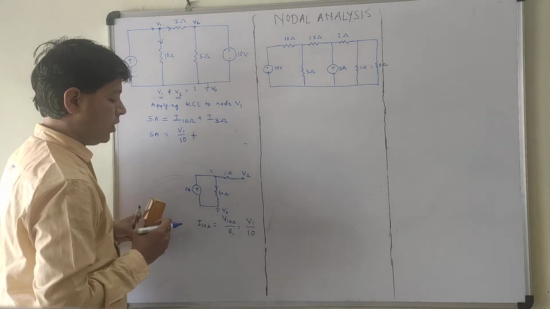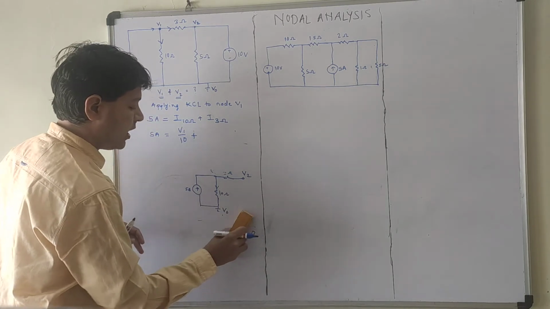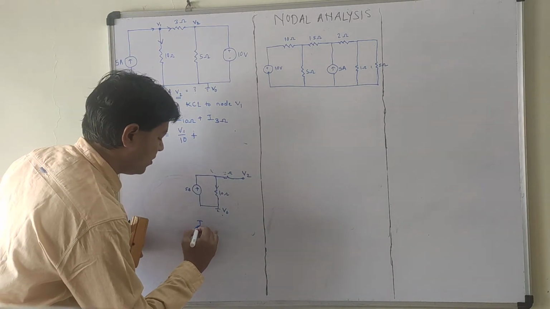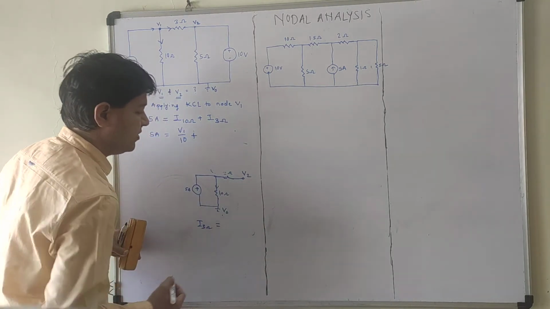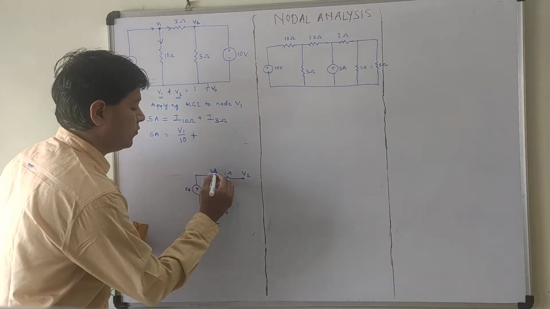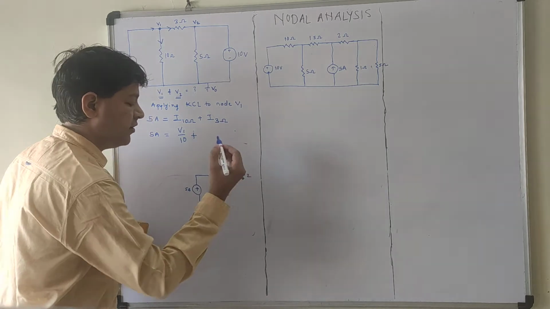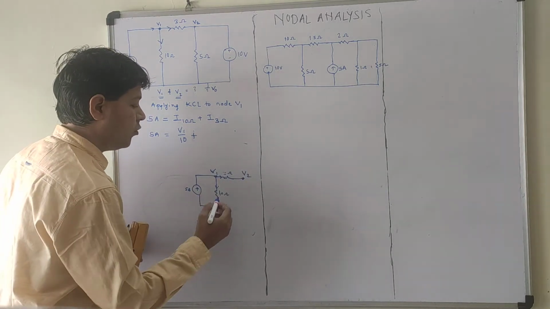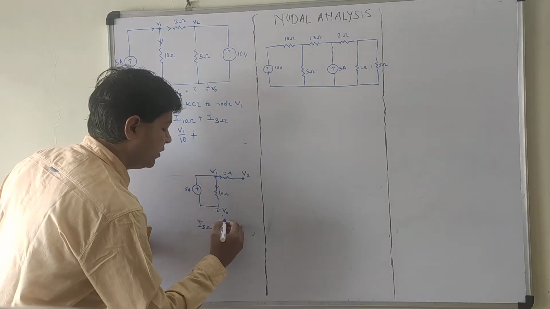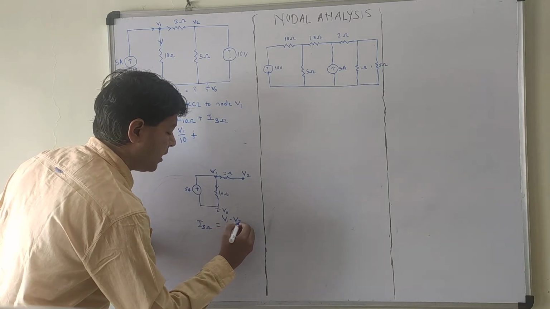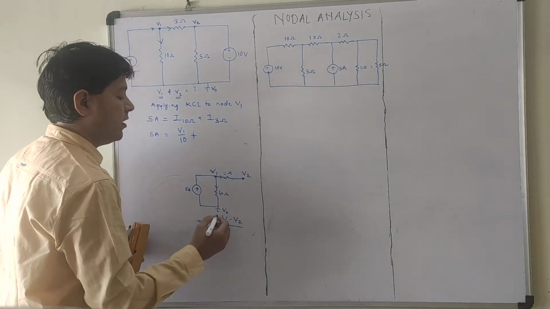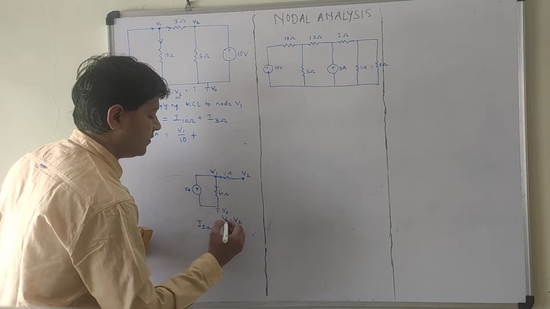I 3 ohm. Now how to calculate I 3 ohm? This is V1 here. Current always flows from higher potential to lower potential. So I 3 ohm is given by the potential difference between these two, that is V1 minus V2, divided by the value of resistor R, that is 3.